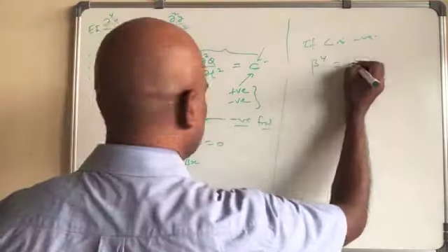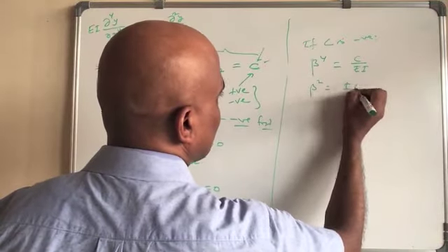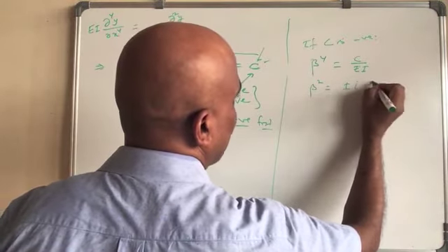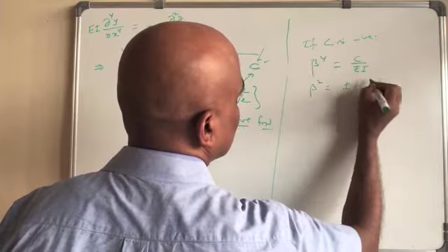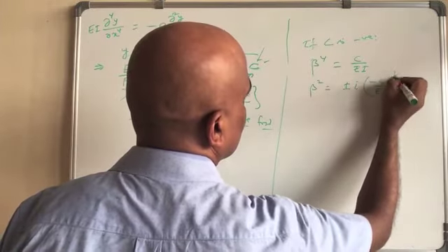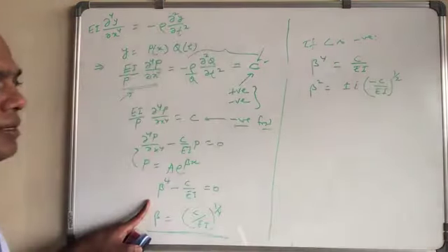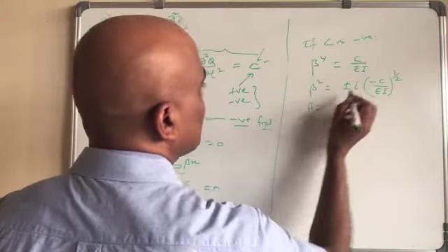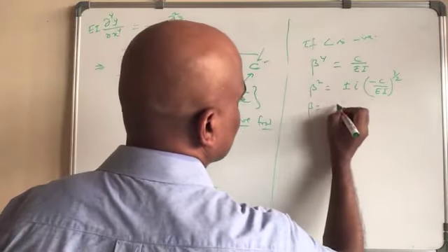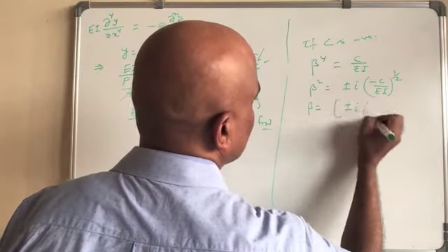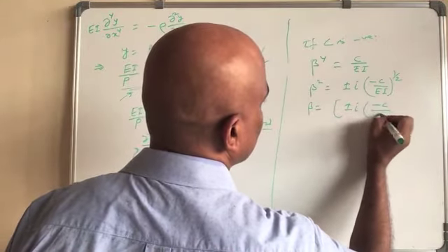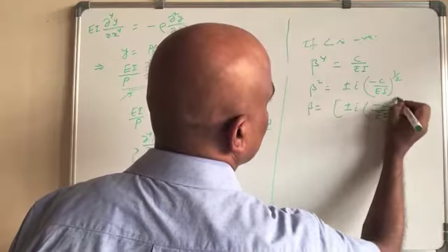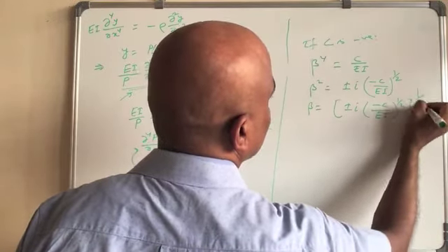Now C is negative, so beta square becomes equal to plus minus I, and then minus C over EI, and then we have half square root of that. Then beta will be again plus minus I, and then we have minus C over EI, half, and then half of that also.